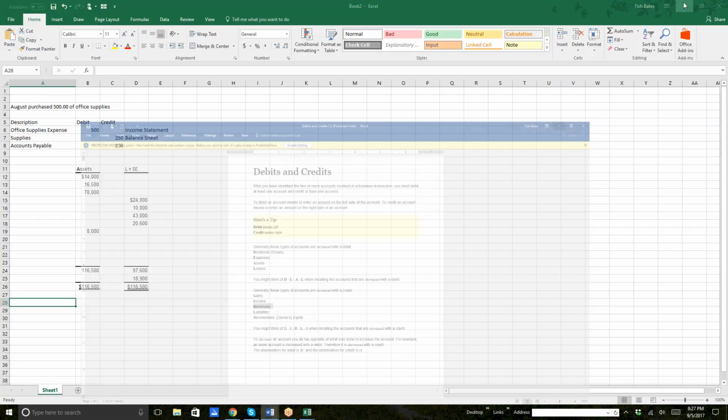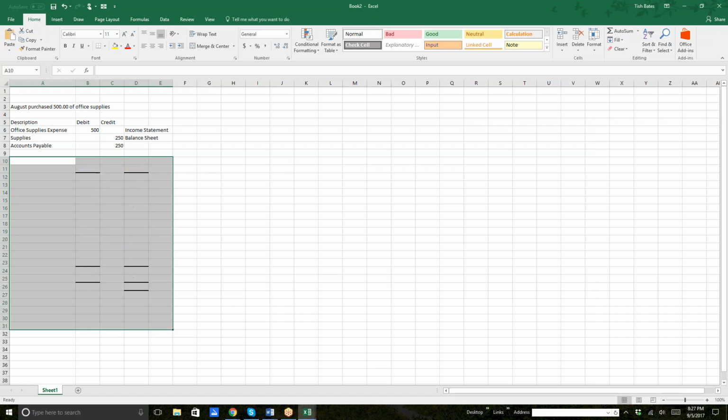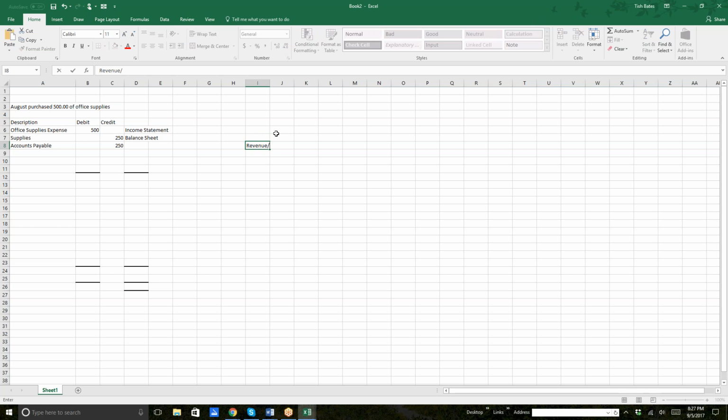Okay? So basically, what happens is on the income statement, you're going to have the income statement journal entry. Let's say revenue / sales. And the reason I say / sales, you will see there will be different problems throughout these chapters that one will call it revenue, another one will call it sales.